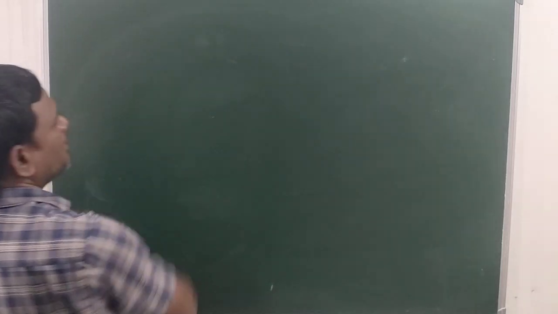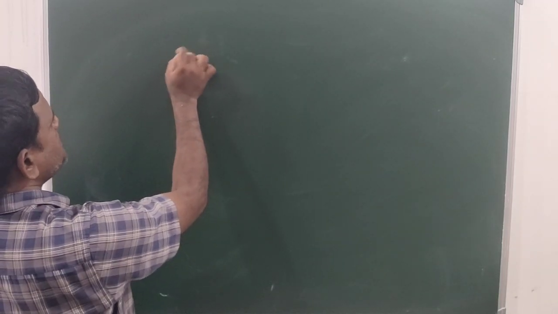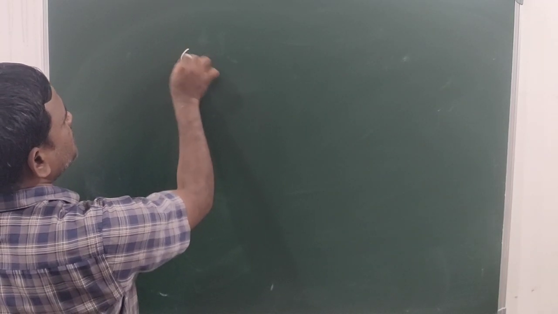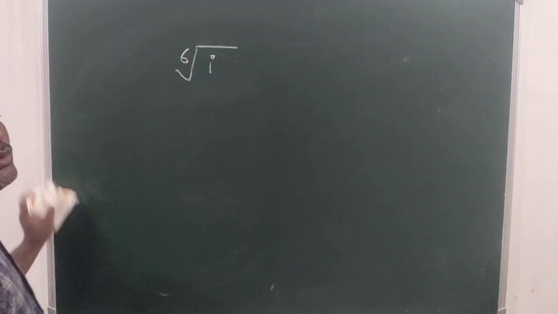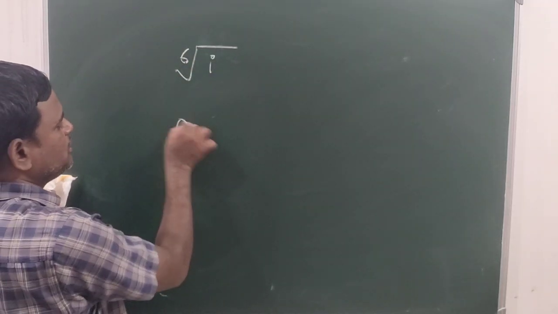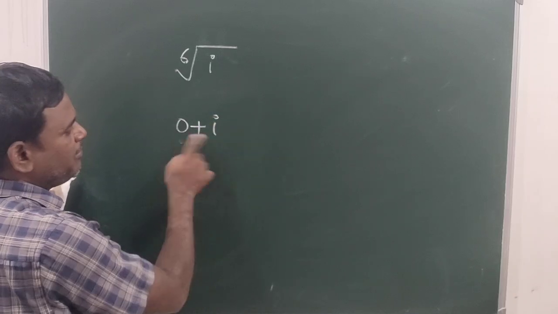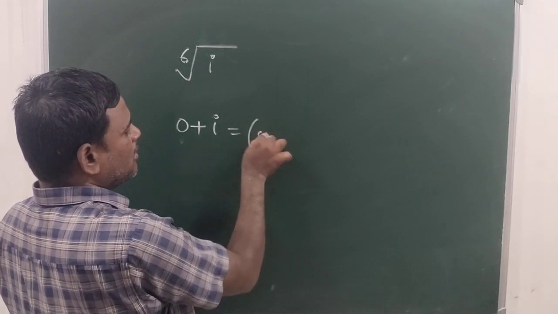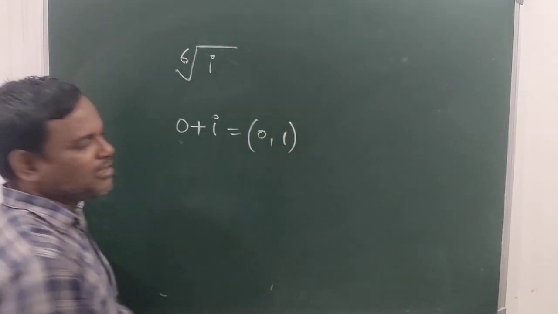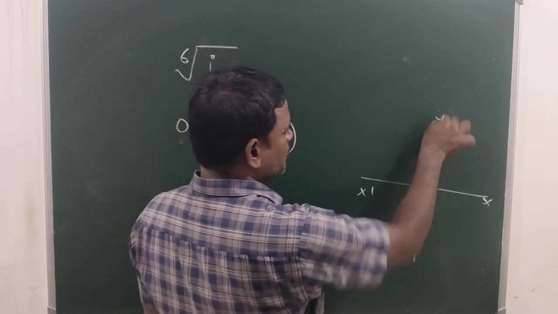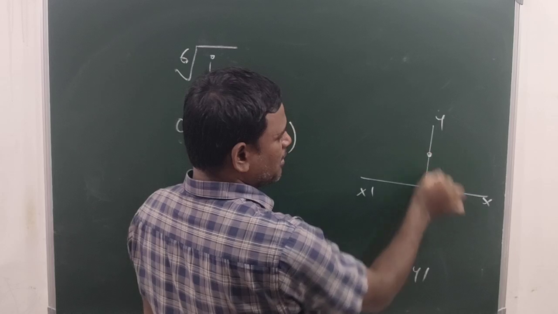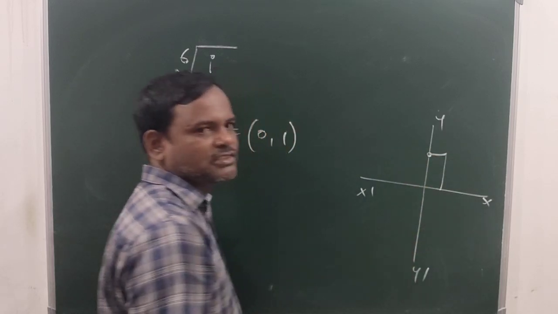Suppose I give you a purely imaginary number like this, the 6th root of i. In such a case, what do you do? You would have to write 0 plus i. Where does it belong? On the complex plane, on the positive portion of the y-axis.